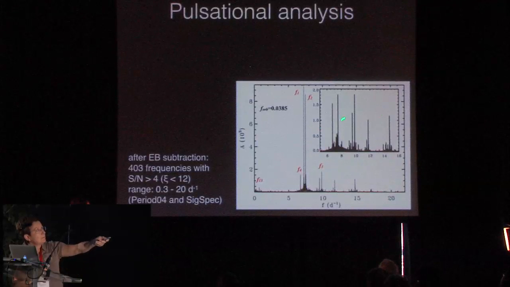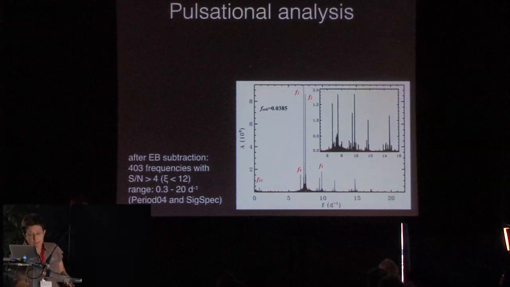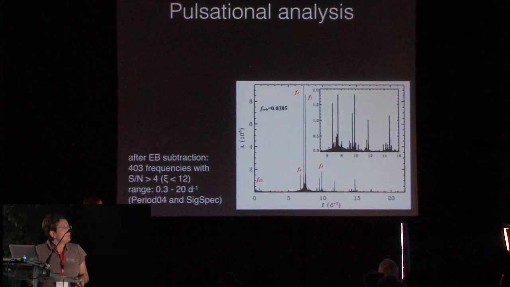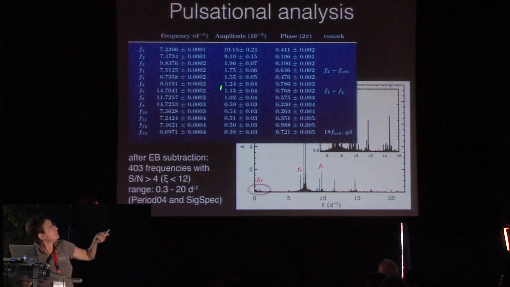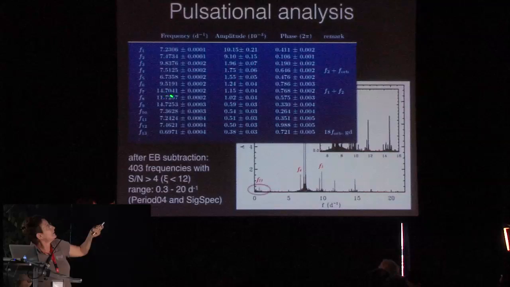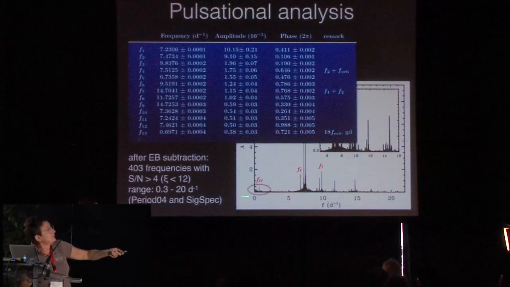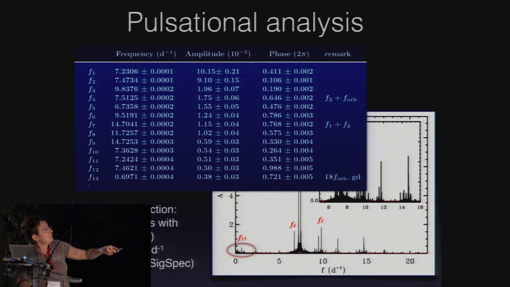This is a blow up of this region after a pre-whitening of the highest frequencies. And doing detailed analysis, we found these frequencies here. I list just the first to show you that there are some in the range 7, 10, and then there are some also here in this part at lower frequency.